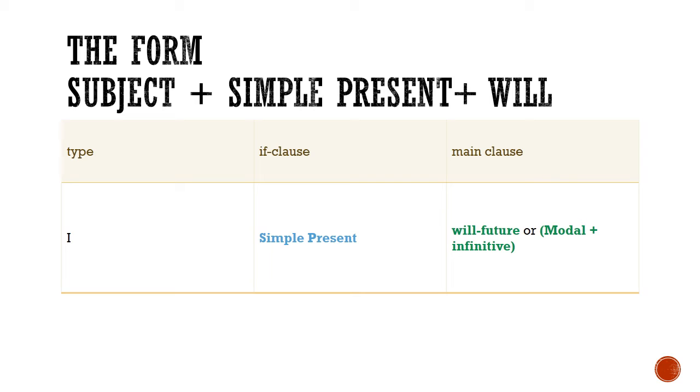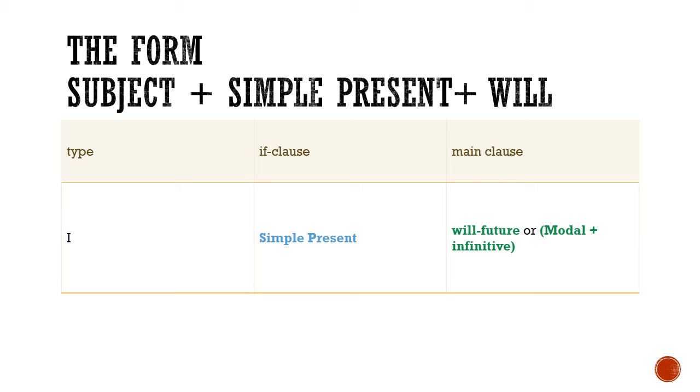So we said that the type 1 conditional describes the future, so we have to add the modal will when we want to talk about the future. Now if we say subject plus simple present, well, this is type 0, but subject plus simple present plus will, it is type 1.